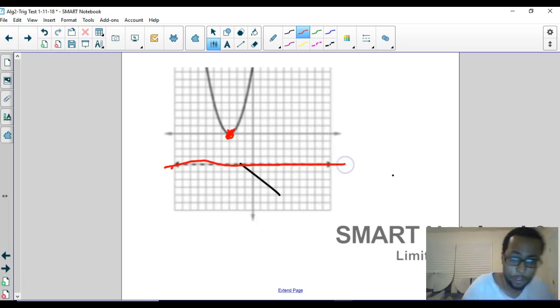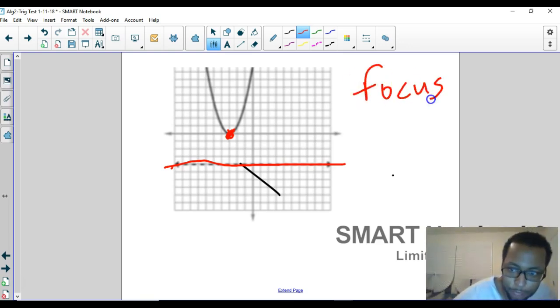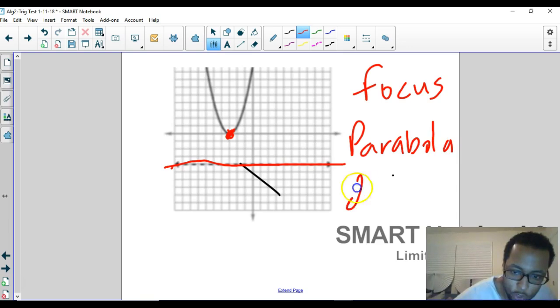Because that's our directrix and our parabola, we want to look for the focus. The focus is going to be an equal distance from here to here, but going up. What do I mean by that?